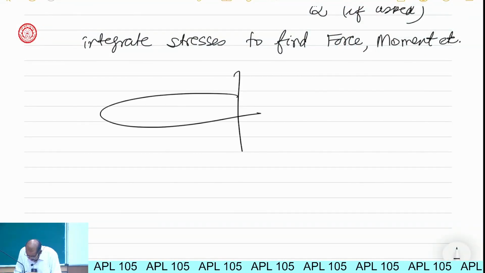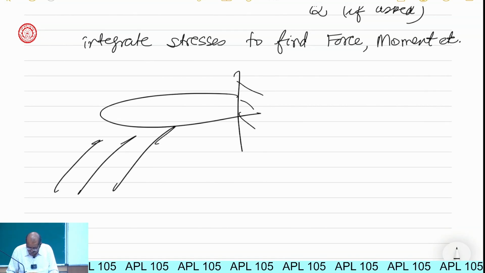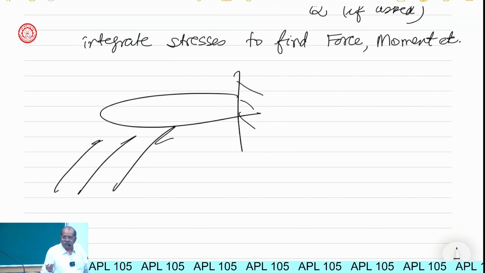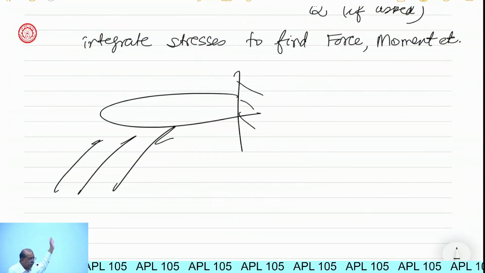So now, let's say there is flow past a wing or something. By doing the CFD, you will be able to get the pressure distribution and velocity distribution. You integrate, that will give you the forces on the wing.